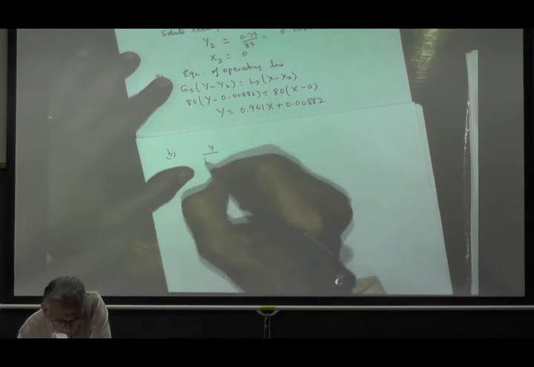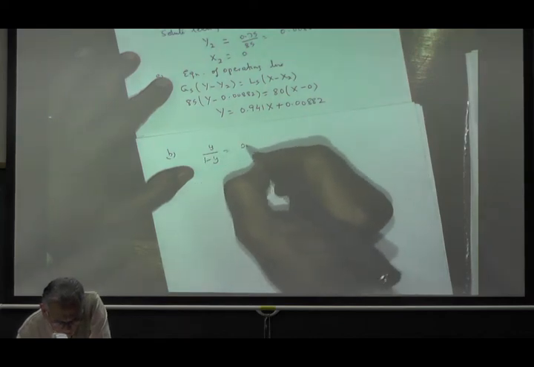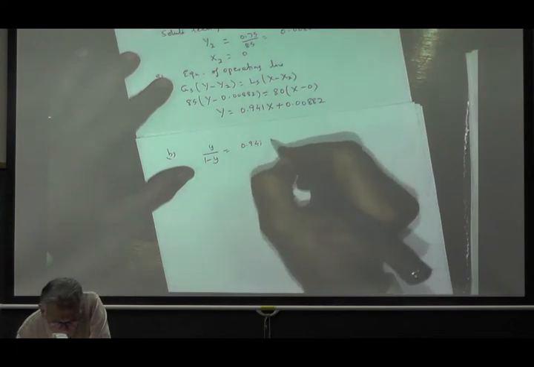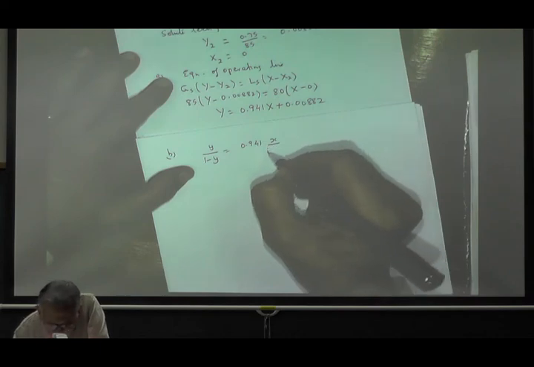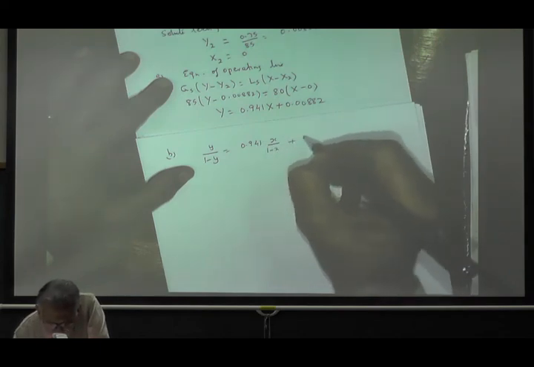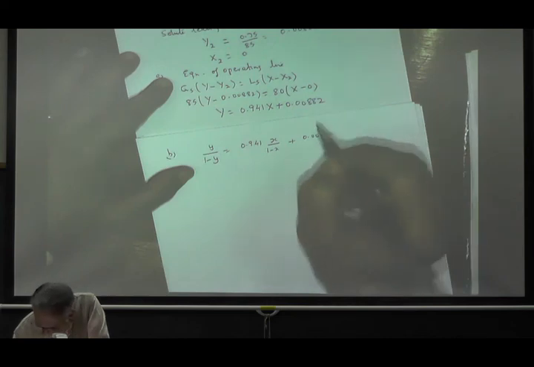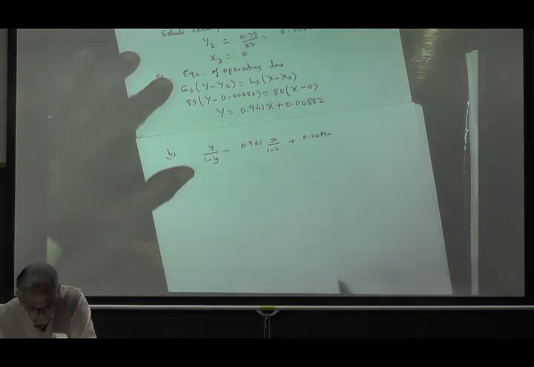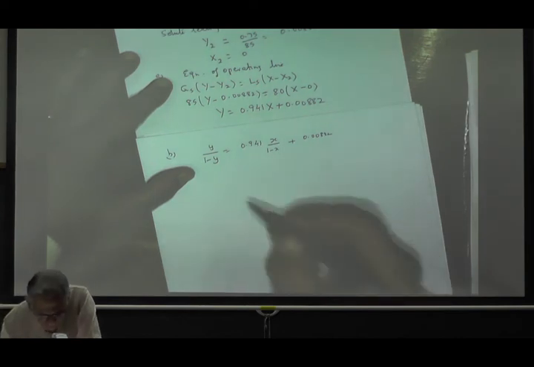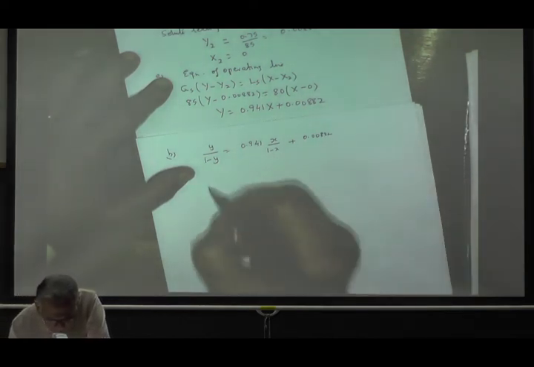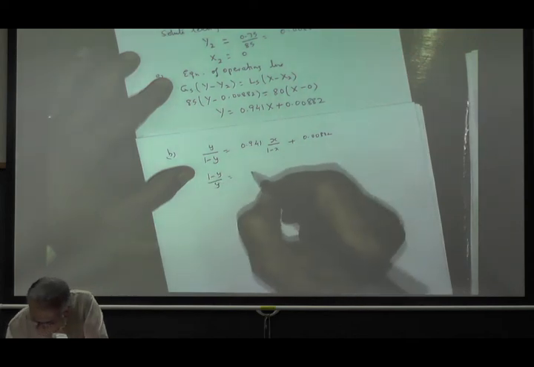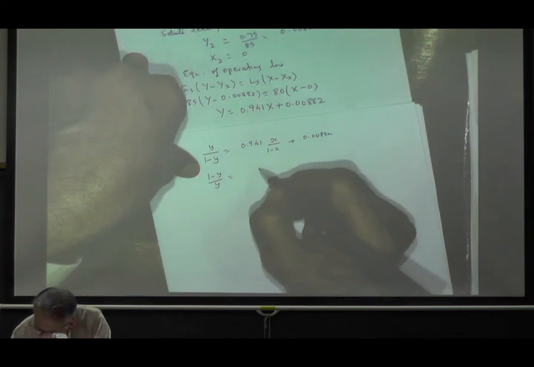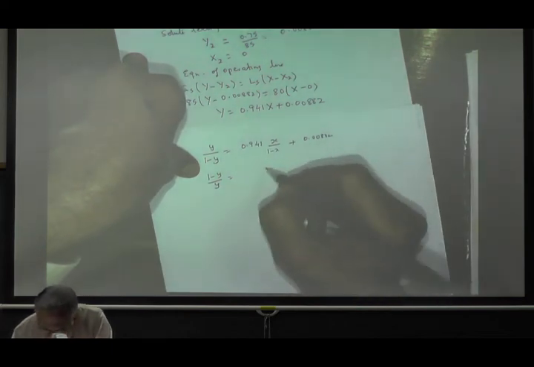Y over 1 minus y, and this is 0.941 small x over 1 minus x plus 0.00882. Now you have to put it in terms of y as some function of x. So you just have to simplify. So if you invert it, you have 1 minus y over y is equal to 1 minus x. Okay, this is just essentially algebra.